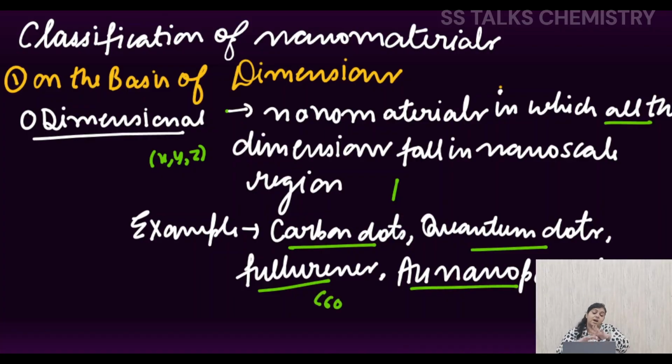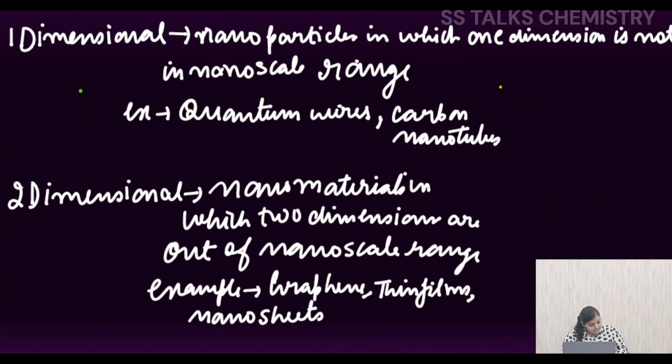That means 60 carbon atoms have arranged themselves into a ball-like structure. Basically it is an allotrope of carbon. Right, so these are the 0-dimensional nanoparticles in which all the 3 dimensions of the particle are lying in the nanoscale region only.